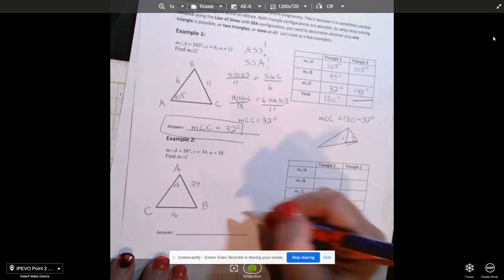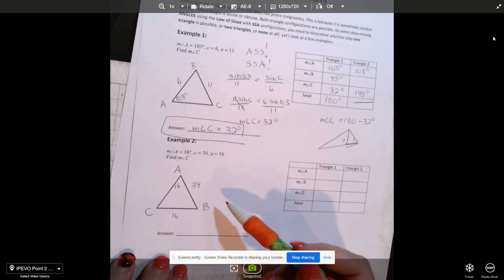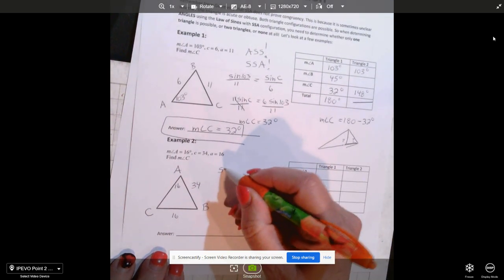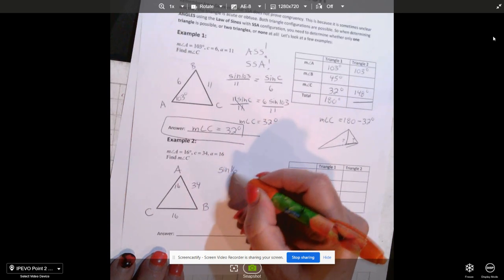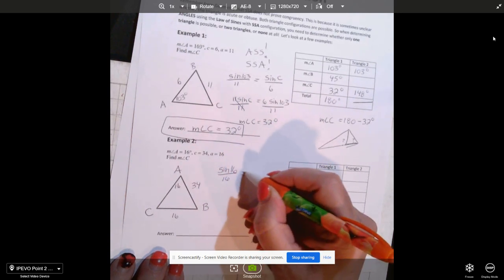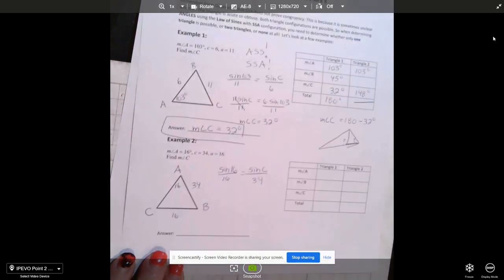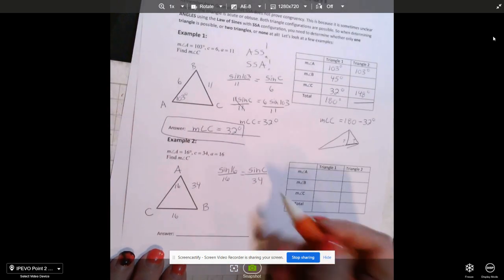So let's go ahead and just figure this out. I'm going to find angle C because that's the side I have across from it. So I'm going to say the sine of 16 over 16 equals the sine of C over 34. Sorry, that's my laundry.